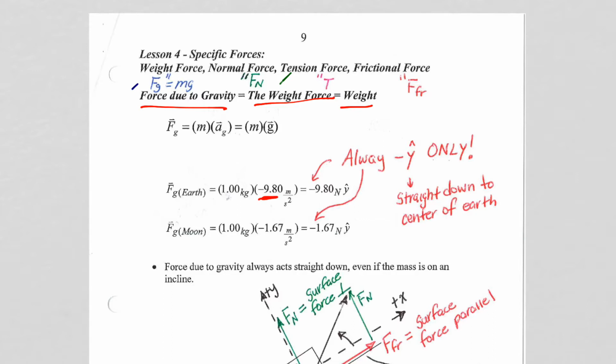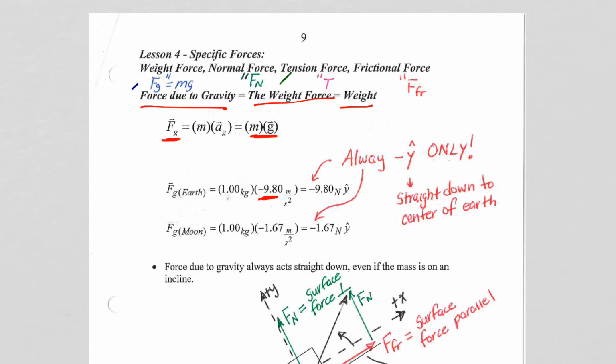And when I solve problems, I don't use W, I don't use F sub G, I cut right to the chase. I just use mg and identify that vector arrow as mg. I'll calculate it and deal with it the best I can. Up front, usually first in the problem, and then go on to see what else is going on in the problem.